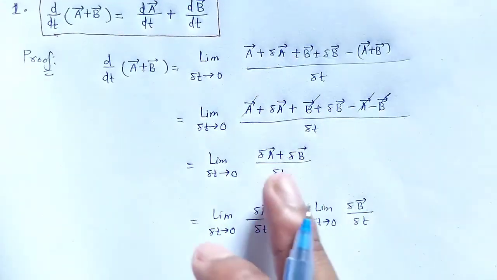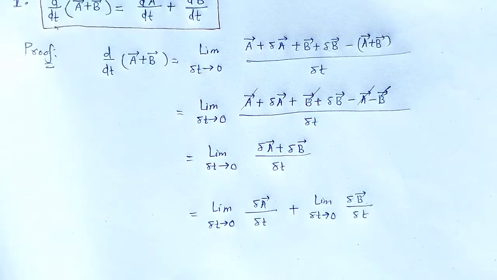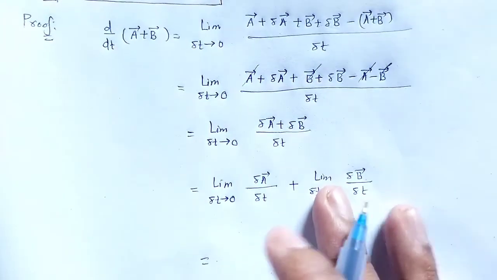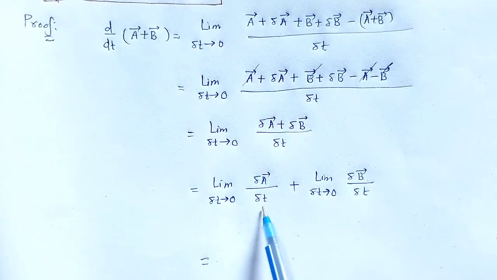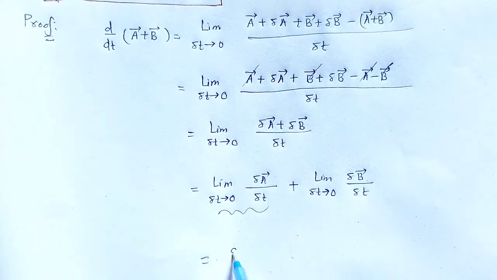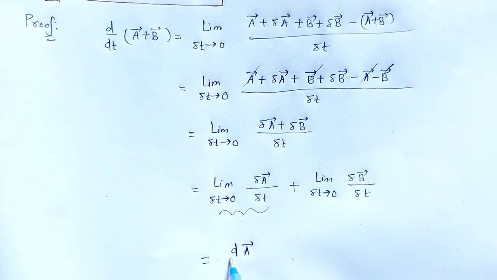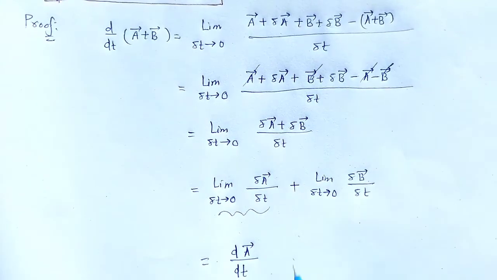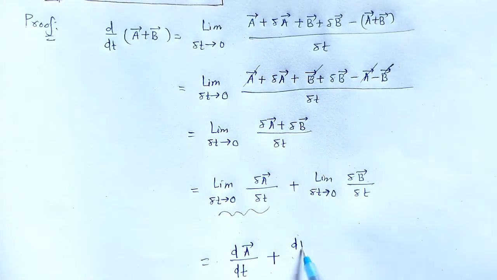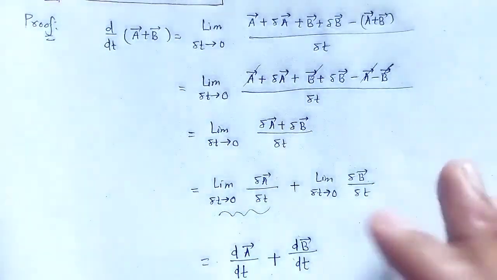We just separate these two: limit del t tends to 0 of del a by del t, that is dA by dt, plus limit del t tends to 0 of del b by del t, that is dB by dt.